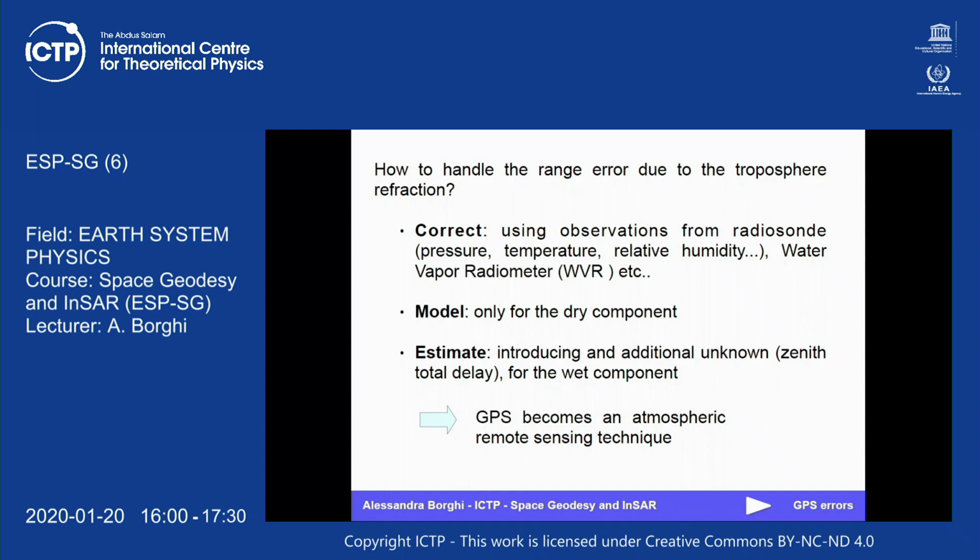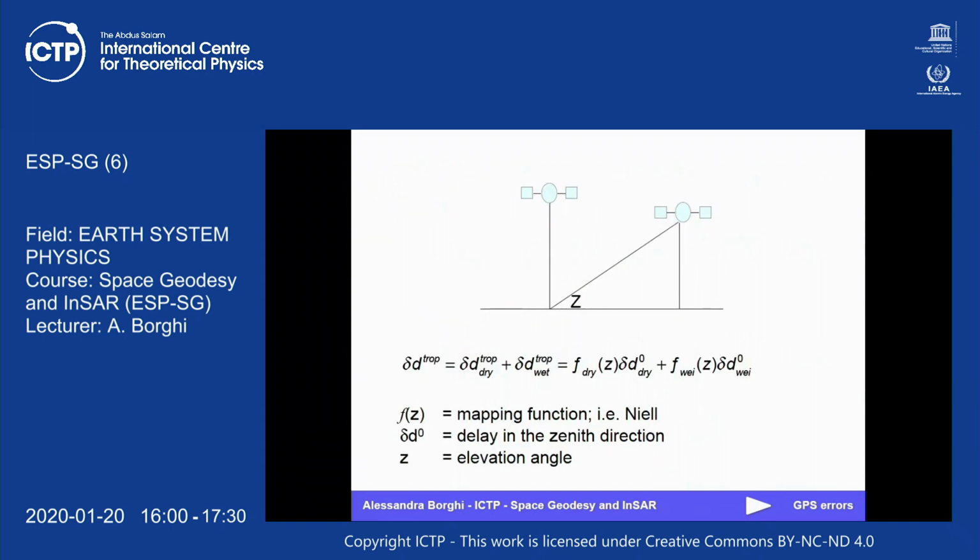So we introduce new unknown parameters in our system, and we compute what this delay is for the GPS. So GPS becomes an atmospheric remote sensing technique. As we have seen for the ionosphere, we can use GPS to have information on the water vapor present in the atmosphere, the troposphere. We are going to see this part.